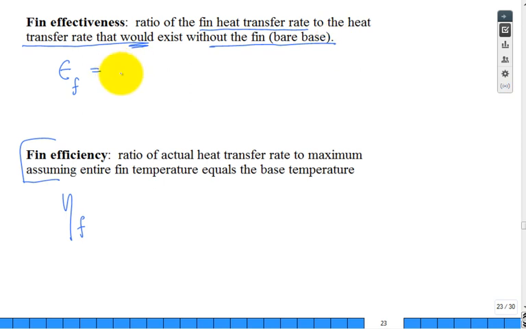Because if you attach a fin and it's less than 1, that fin acted like an insulator. Which you could do, you don't want to do it, but it's hopefully like 2 or 5. That means it really promoted the heat transfer by covering up some of the base, but you actually increased it. This is the more popular one, the fin efficiency.